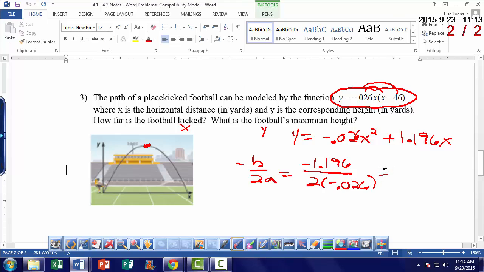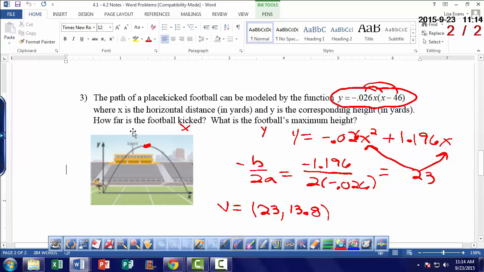When I do that, I get 23. I'm going to plug it in, and I'm going to find my y. So my vertex is 23, 13.8.